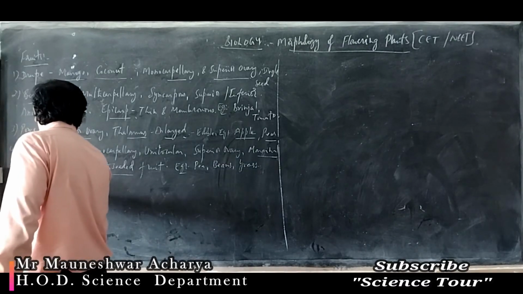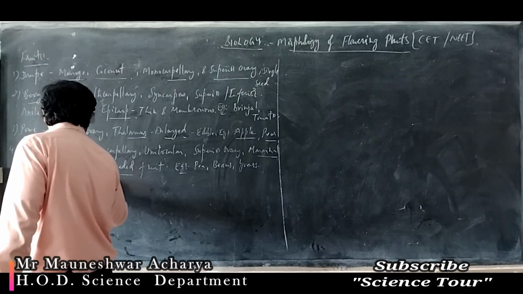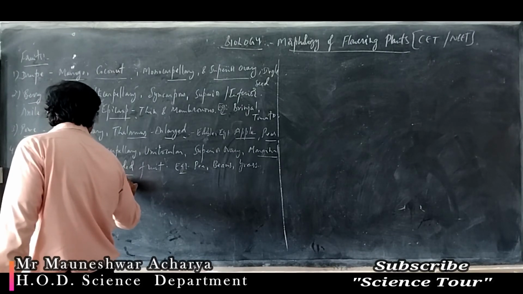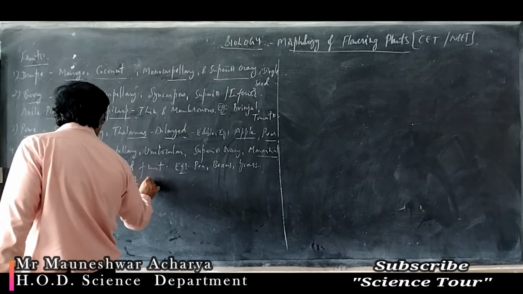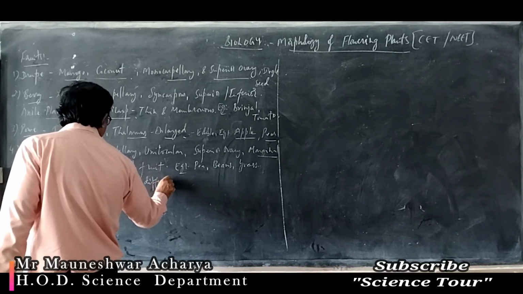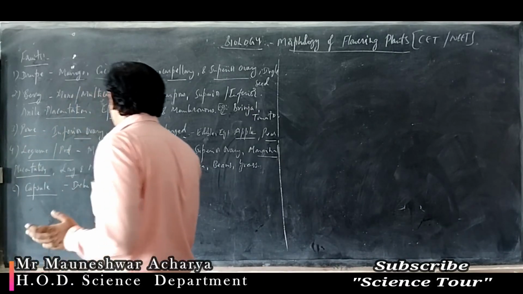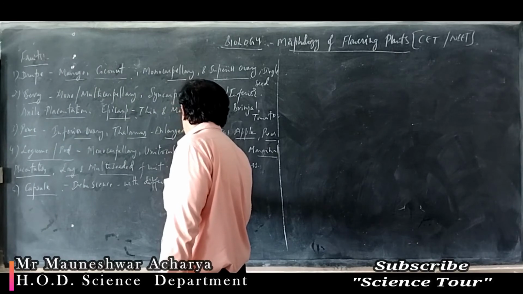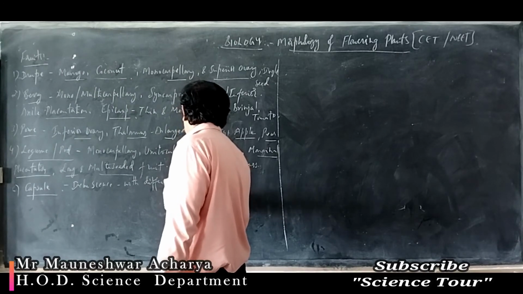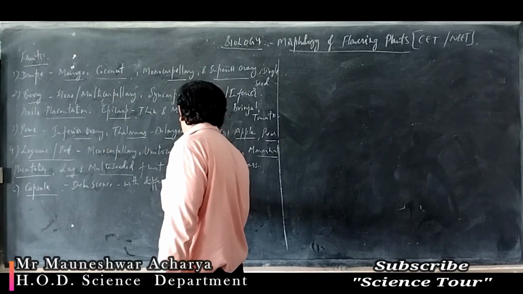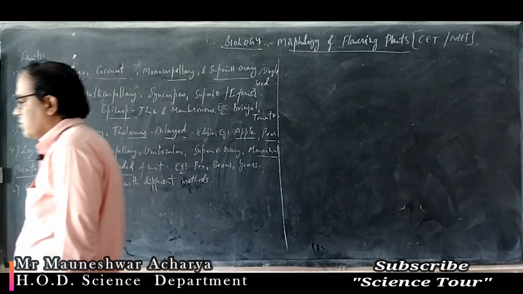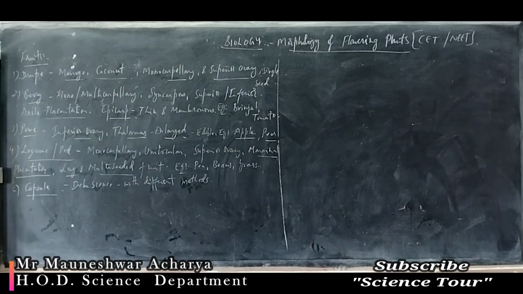Dehiscence means dispersal of the seeds occurs in different methods. Note down. So what are the examples?